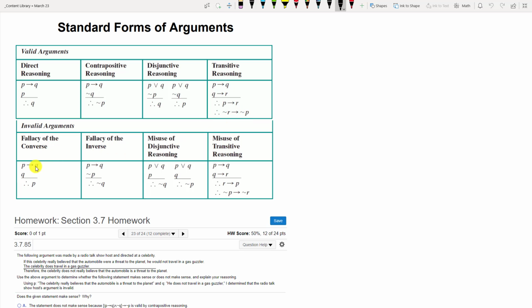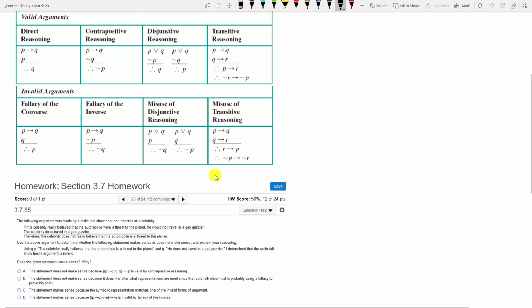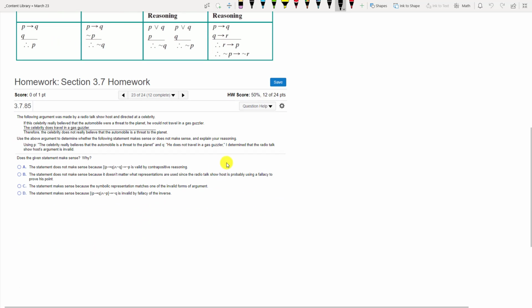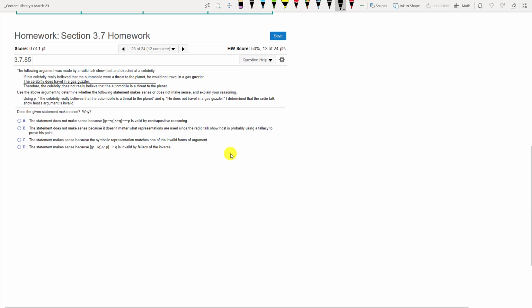There are also some invalid arguments, about how you can use various things to create arguments that sound like very good arguments. If you wrote some statements out with P's and Q's for these, they sound like they may be true in cases, and in some cases they may be, but more often than not, they're actually not. So we're going to use this to evaluate an argument made by a radio talk show host that was directed at a celebrity.